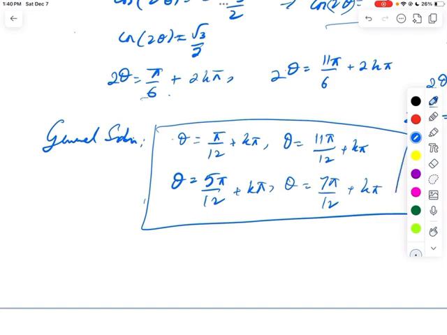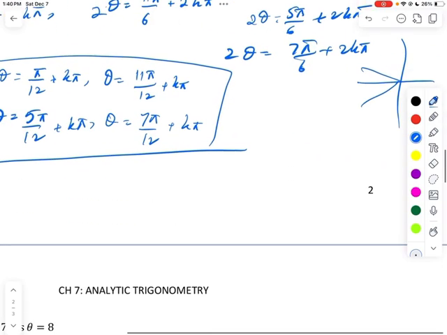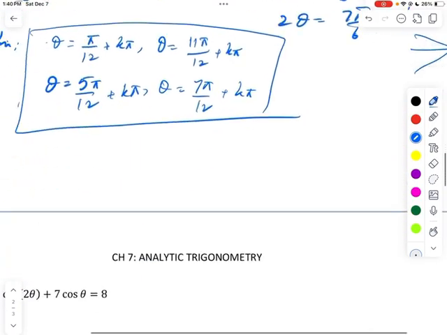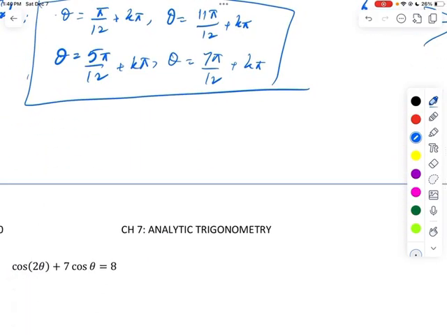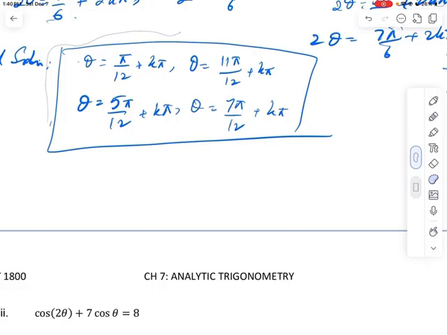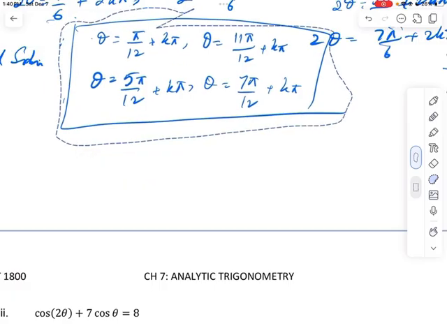Now we have to look for the particular solution. For the particular solution, we do the same thing that we did before. If you have space, you can make a table of values and then write down your solutions. Or if you want to show the work of the addition with the angles, then you can show the work as well.